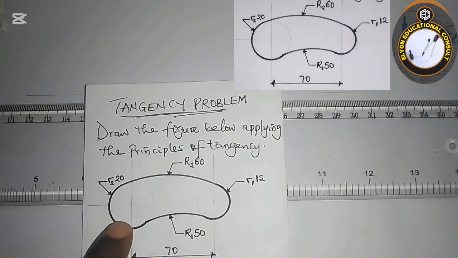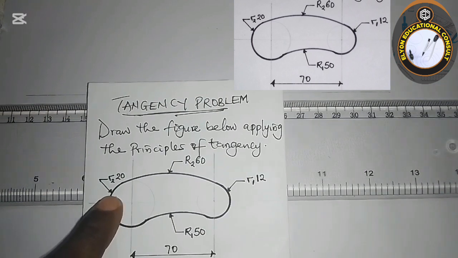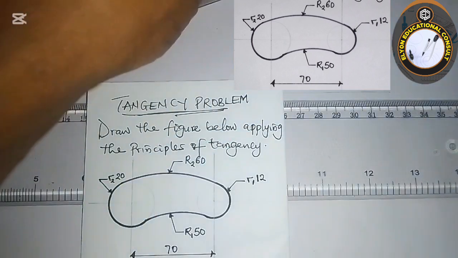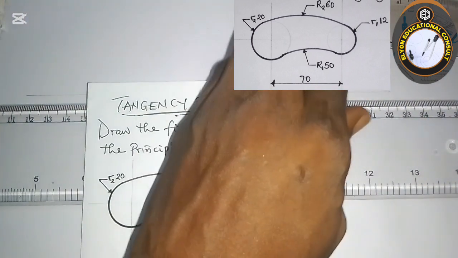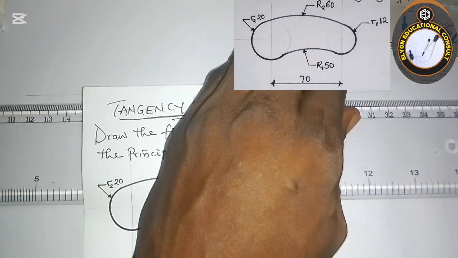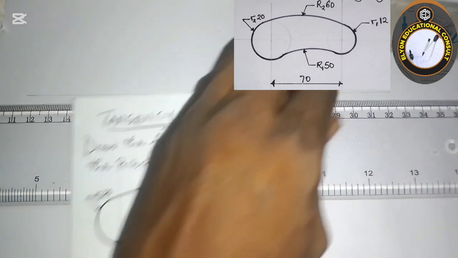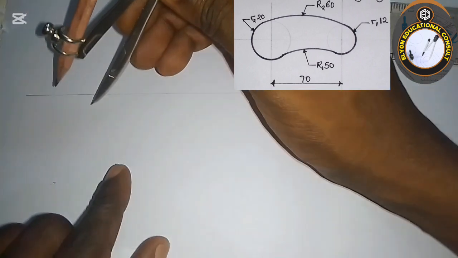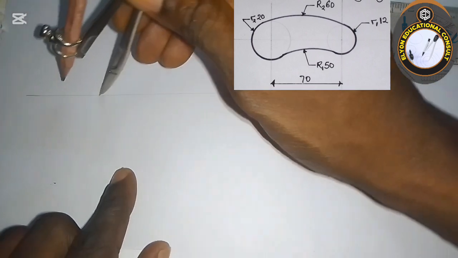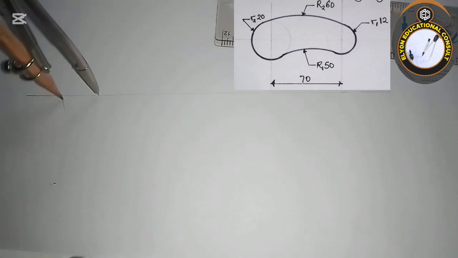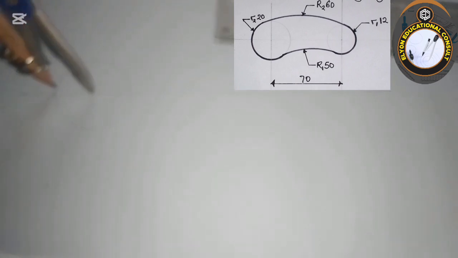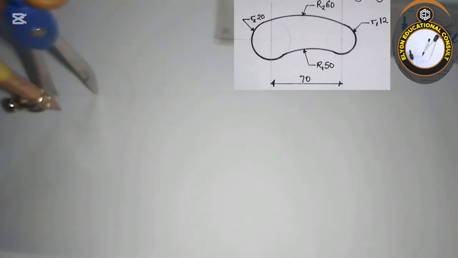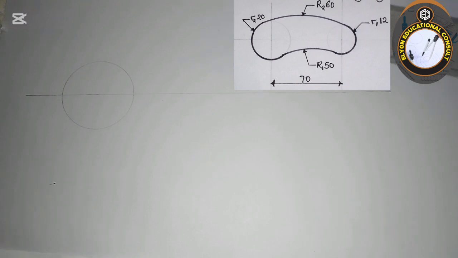So I'm starting from this place now. I'm going to draw this circle of radius 20, so I'm going to extend my compass to 20 this way. So this is 20. I'll pick a point here which I'm going to be using to draw my circle. Then we have that.